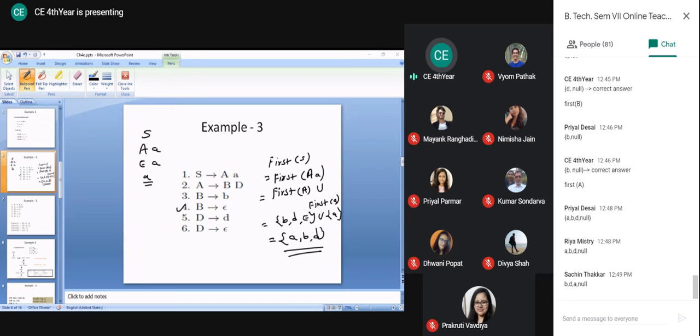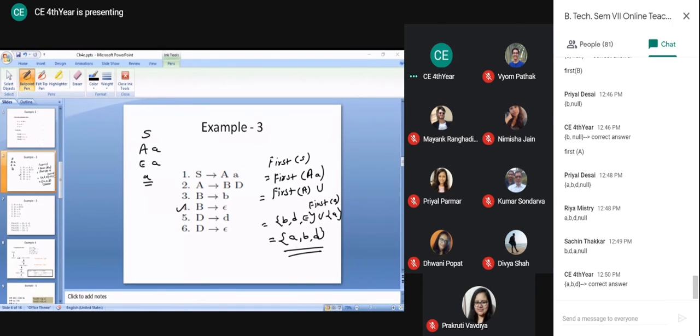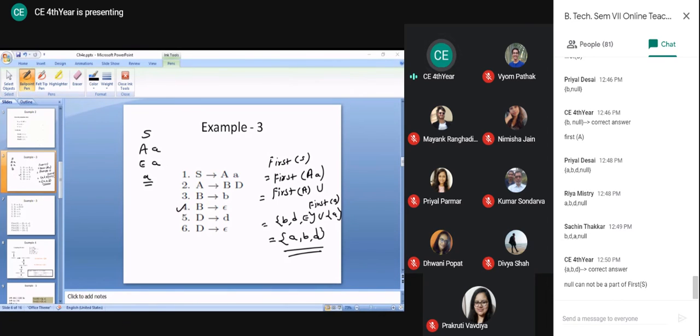So the correct answer is only A, B and D. Null cannot be a part of first of S, because you are not able to derive null from S. Is this clear? Any query up to this?